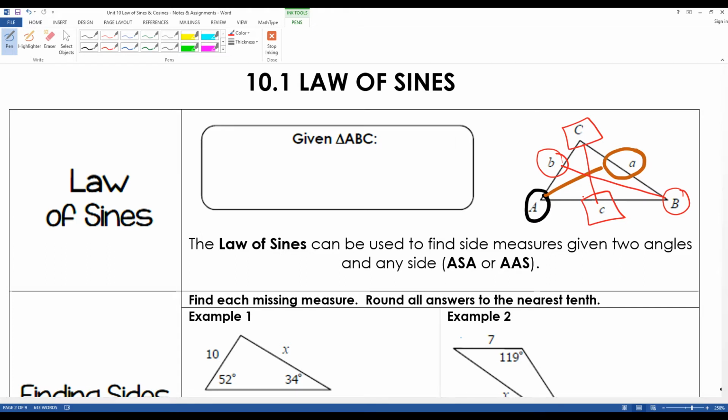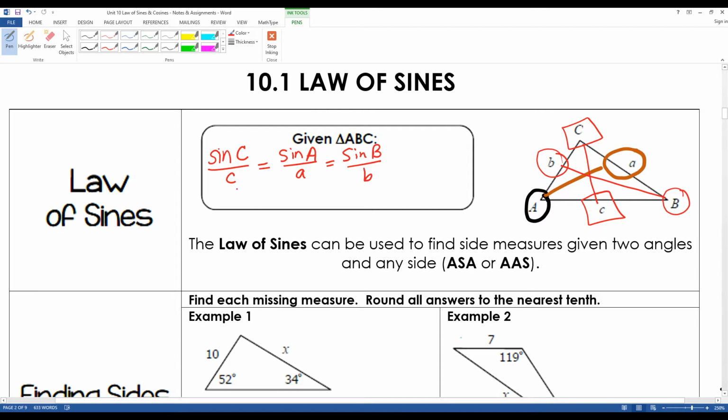And this is how the law of sines sets up. If you take the sine function on your calculator, the sine of the angle over its corresponding side, that's going to equal any of the others. I didn't have to write C first, I just chose to.